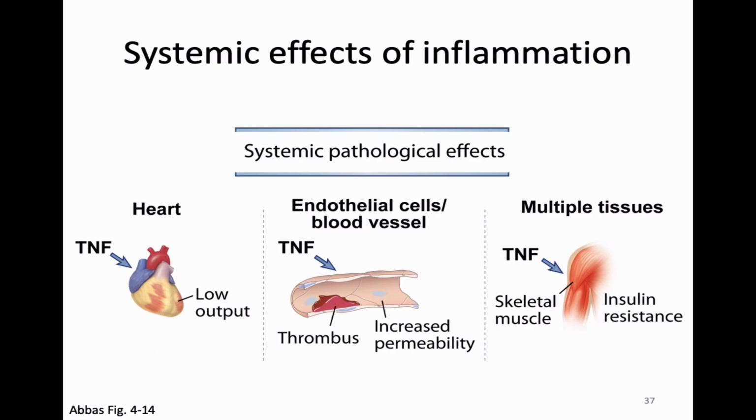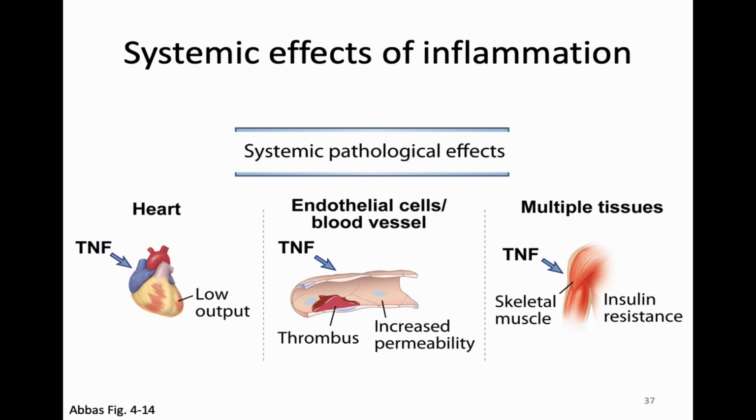We can also realize that if we have excess amounts of these cytokines working on some of our different organs throughout the body for long periods of time in excess, we may see things like changes to the heart, where we'll change heart output and have cardiac issues. We may see changes to the vasculature in terms of increased permeability or thrombus, where we again are going to see cardiovascular problems.